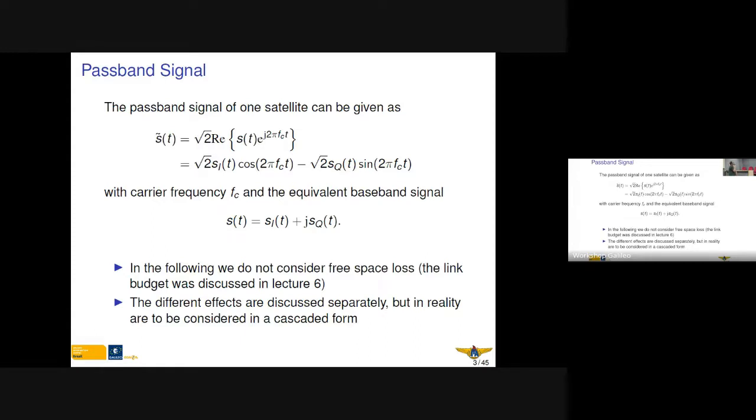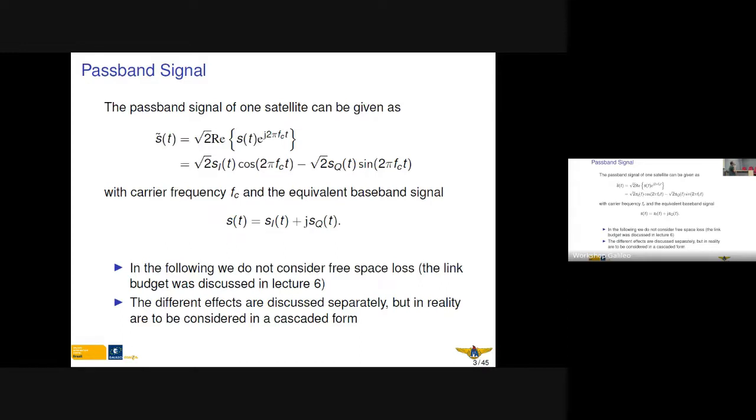We end up with a signal where we have an in-phase component S_I and a quadrature component S_Q. The equivalent baseband signal can then be given as S of t, which is equal to S_I plus j S_Q.